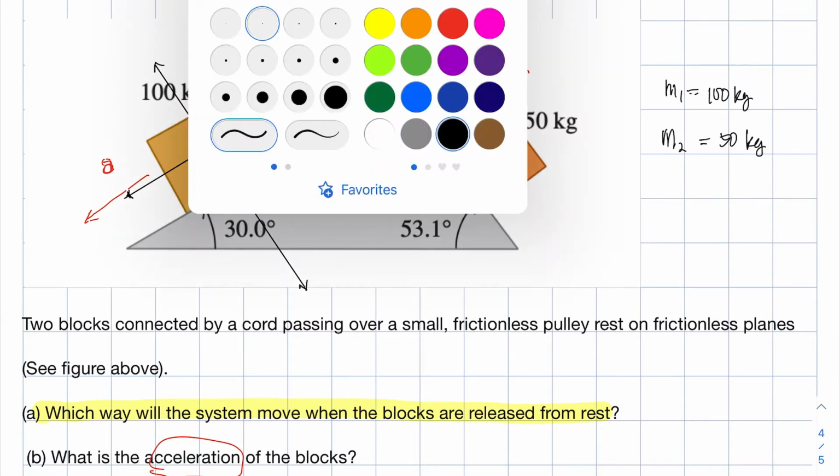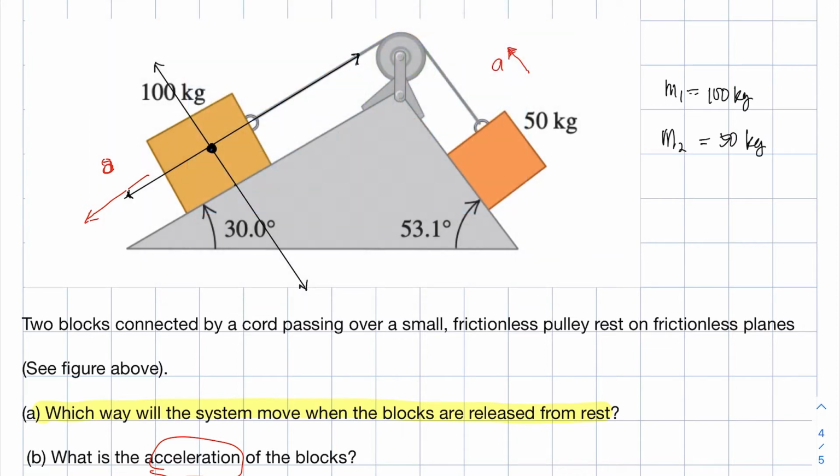Then you have to take note that the direction of the weight, which I will write in a different color, say blue, will always be towards the center of the earth. Therefore, from the center of this mass 1, you draw a straight line directly downward to determine the direction of your weight W sub 1.